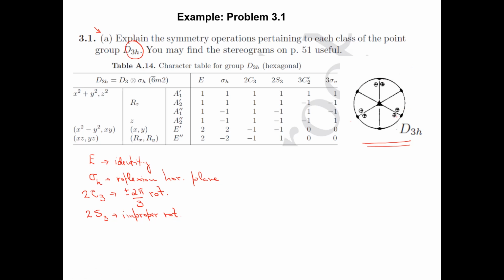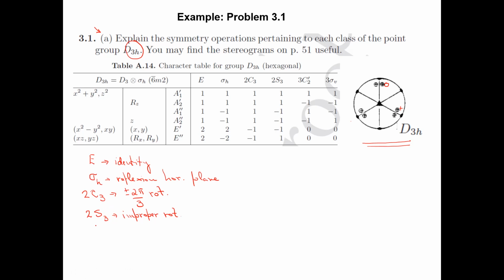For instance, you take the plus sign here, rotate by 2 pi over 3 and reflect through the horizontal plane. Then it goes to the open symbol here. This is the symmetry operation S3, and you have 2 of those, plus or minus 2 pi over 3.